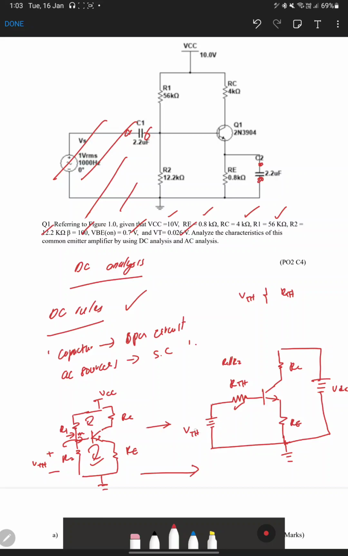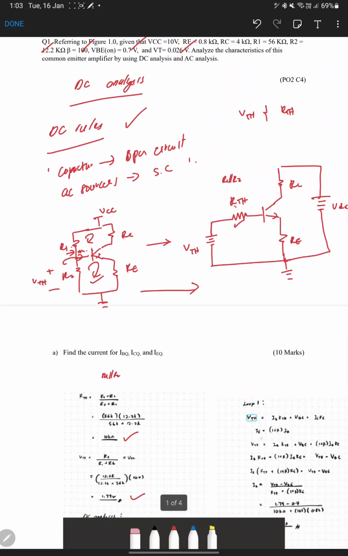The VTH is the voltage drop at R2, which is the voltage entering the transistor, so we call it VTH. The resistance entering the transistor we call RTH. The RTH is the resistance of R1 and R2 in parallel.